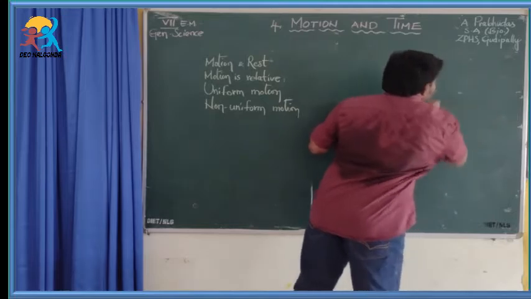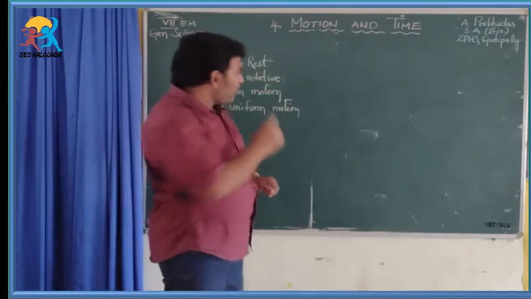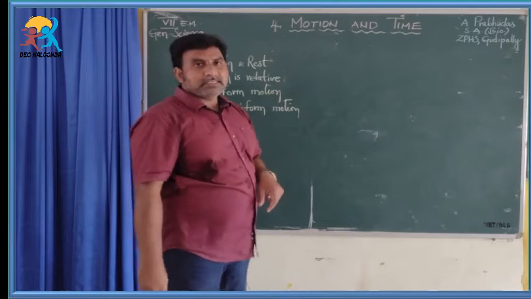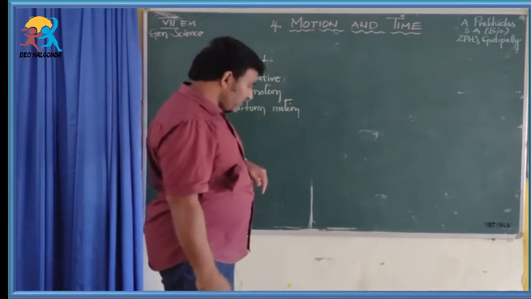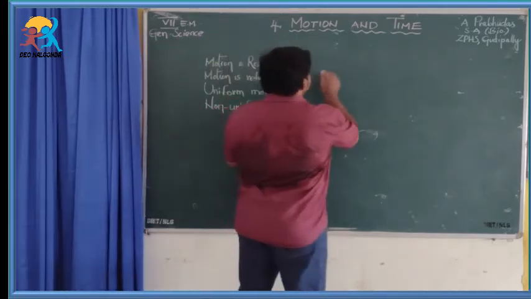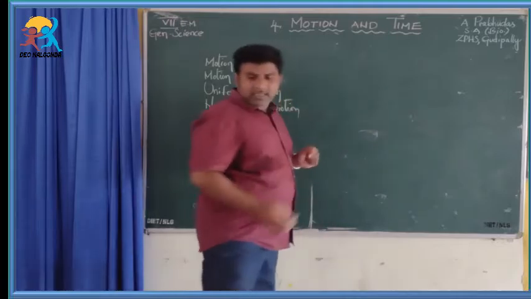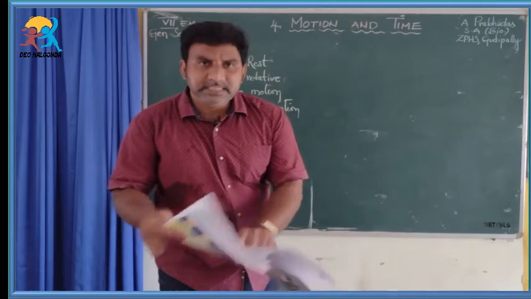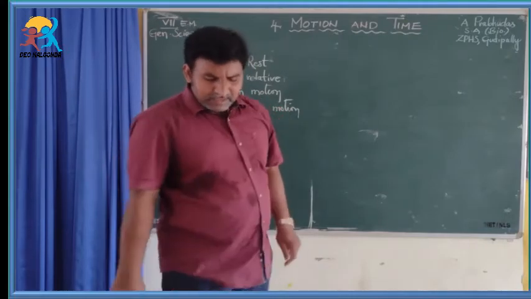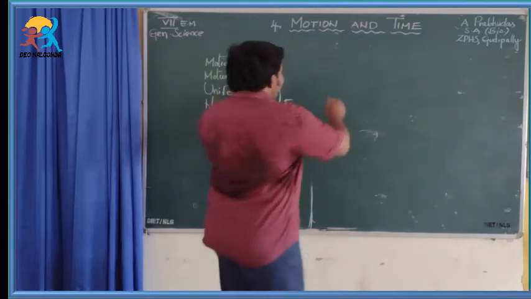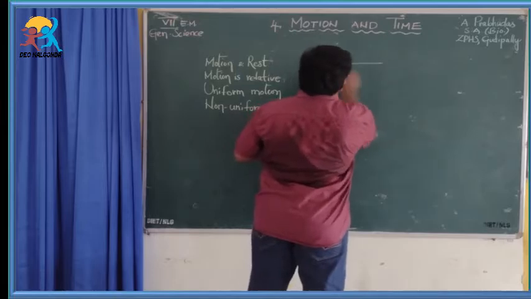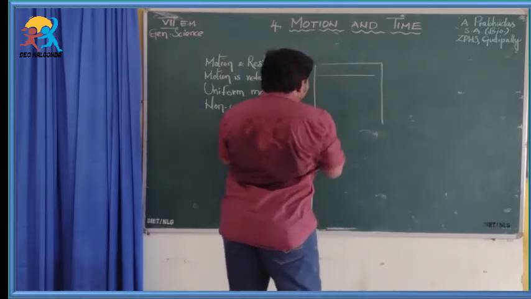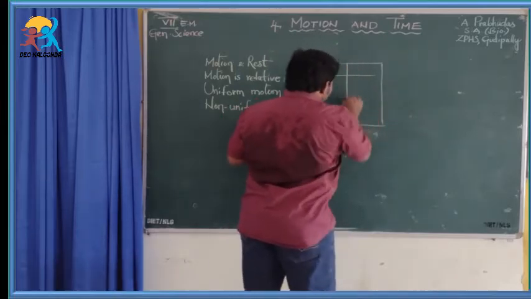From this table you can clearly understand what uniform motion is and what non-uniform motion is. That table is also given in your textbook, at page number 30. So, I am drawing the table here.